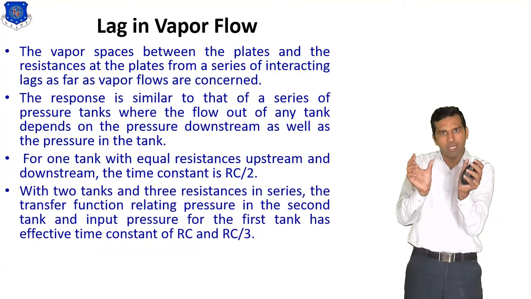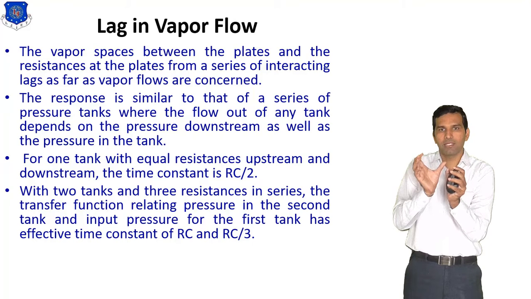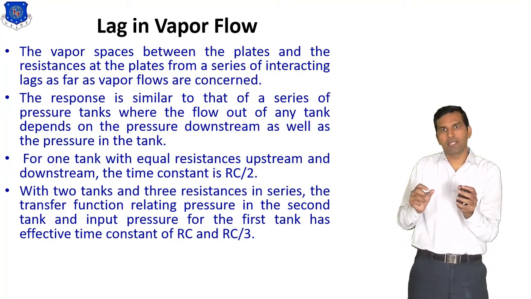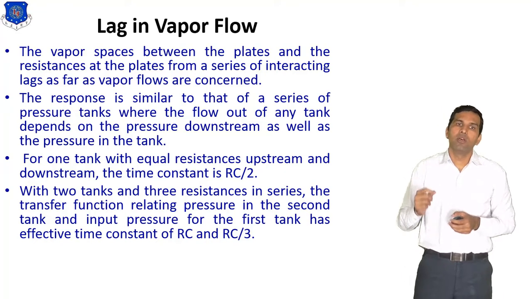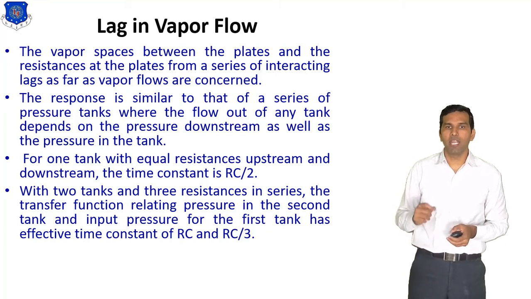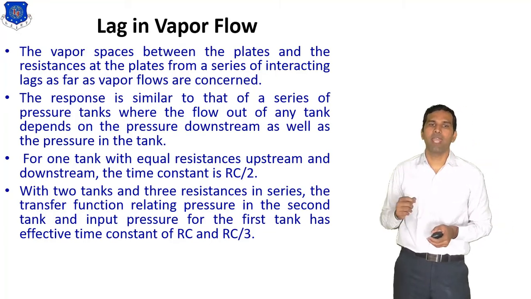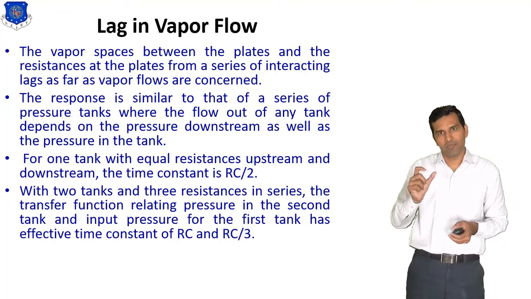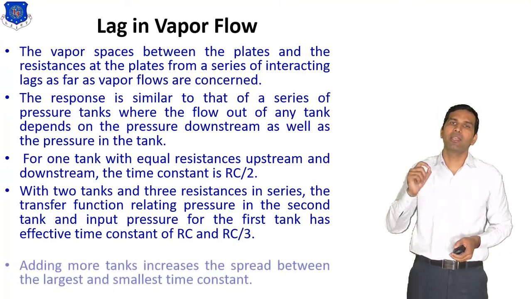Same with two tanks and three resistances in series, that means at the outlet and inlet side, the transfer function relating pressure in the second tank and the input pressure for the first tank has effective time constants of RC and RC by 3.